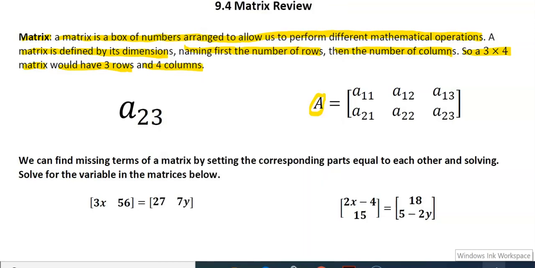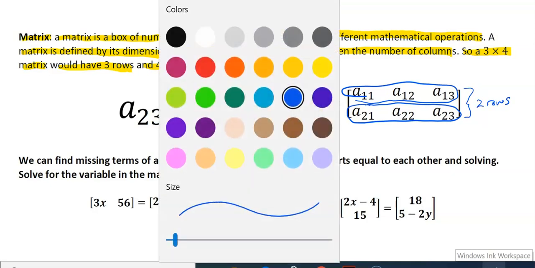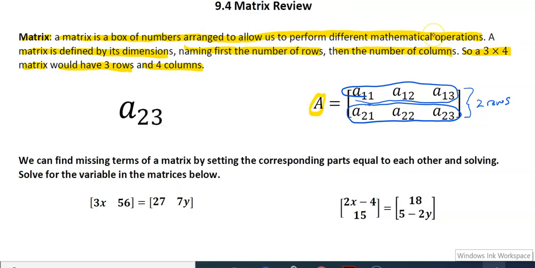So it has 1, 2 rows, and it has 1, 2, 3 columns.